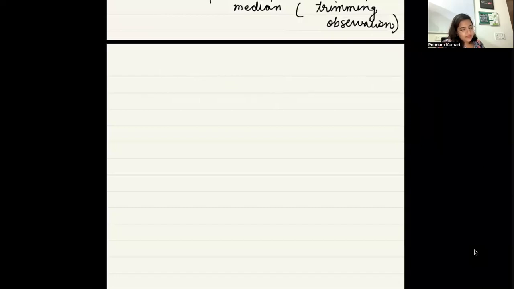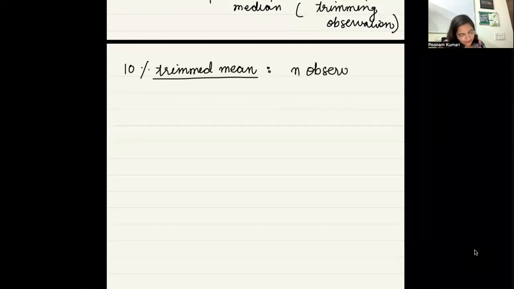Let's say somebody says you have to do 10% trimming, find the 10% trimmed mean of whatever your data is. What does that mean? Let's say you have n observations, and n is, say, 26.